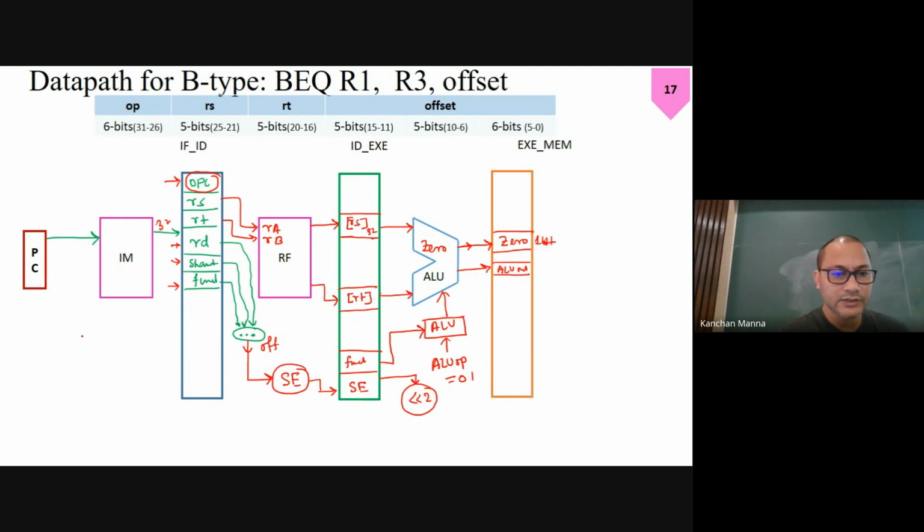So we have to calculate the PC plus 4, right? So this is plus, an adder with 4, and here we have to store the PC plus 4.